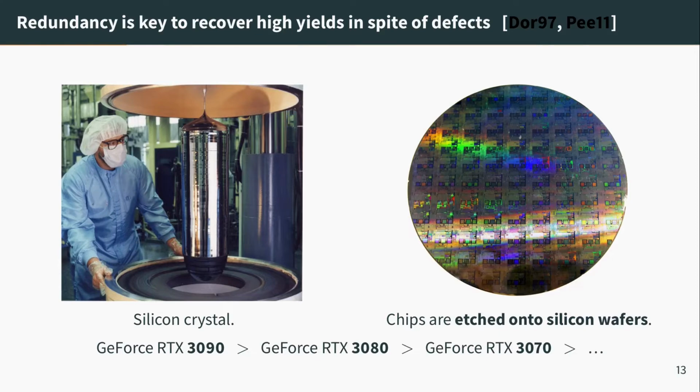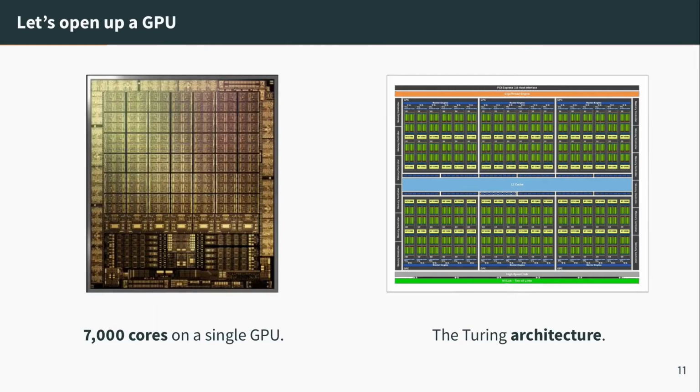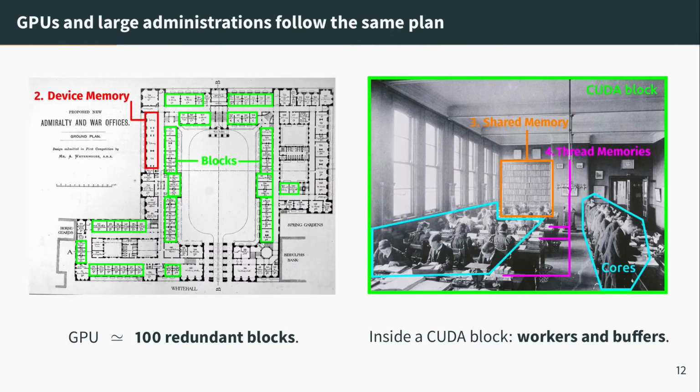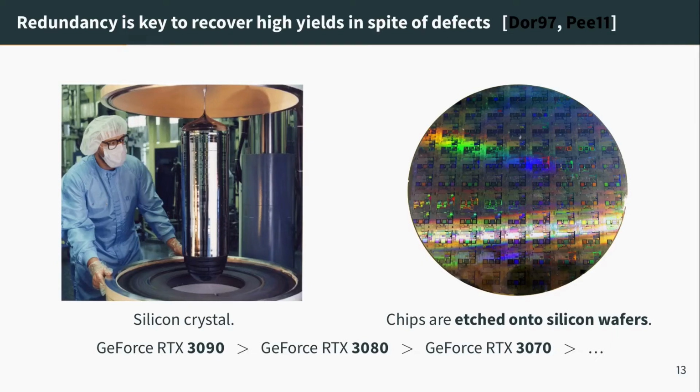So basically, what happens is that NVIDIA prints a floor plan with something like 128 individual blocks. And then some of the chips are perfect, okay, they're sold at a premium, but most chips have some defects. And so the chips where you have at least 100 blocks working, they are sold as GeForce RTX 3090.